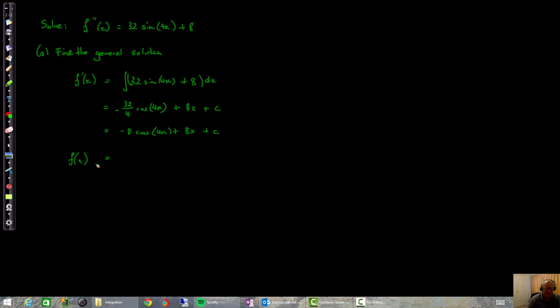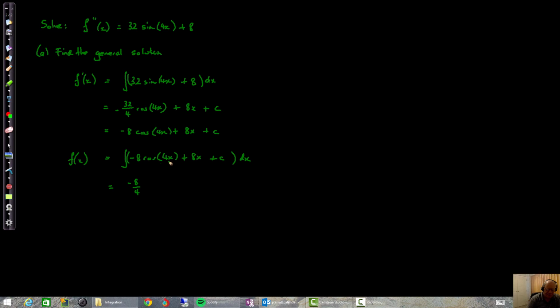Okay, first derivative, back to the original function I should say. So we're going to be integrating once again, and all of that with respect to x. So the integral of a cosine function is sine. So this should be, I think, negative 8 over 4. Once again, why the 4?